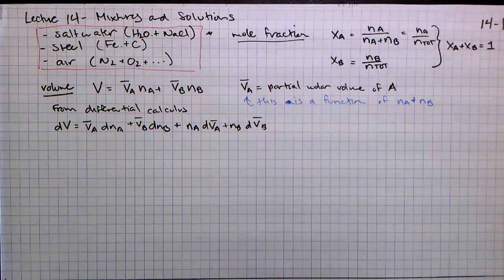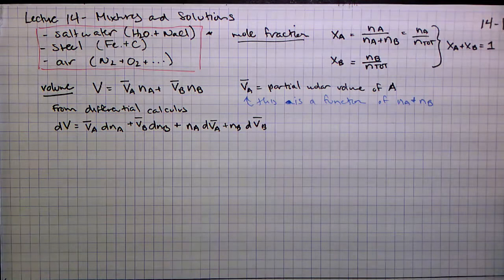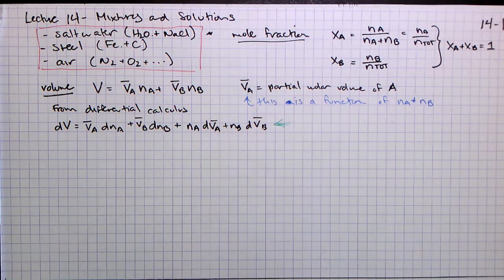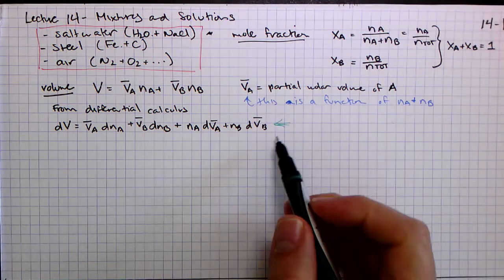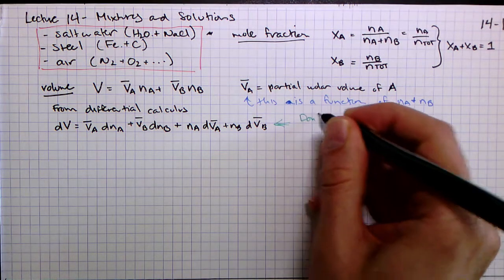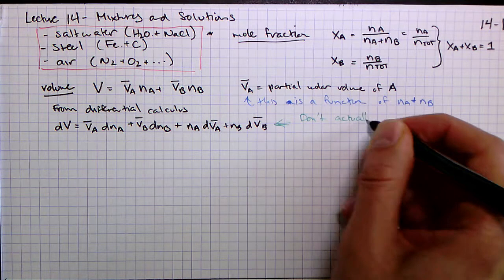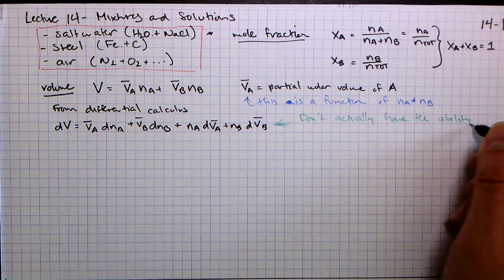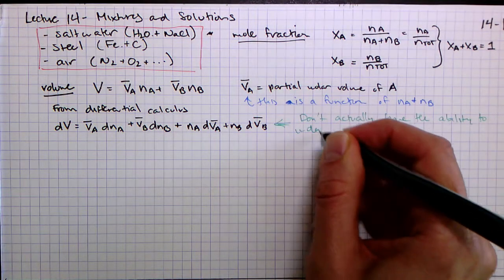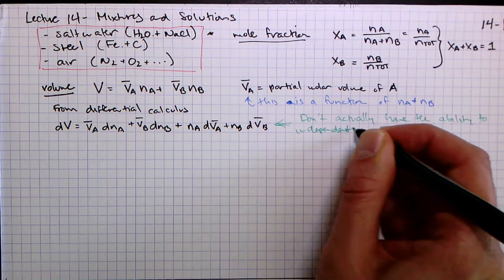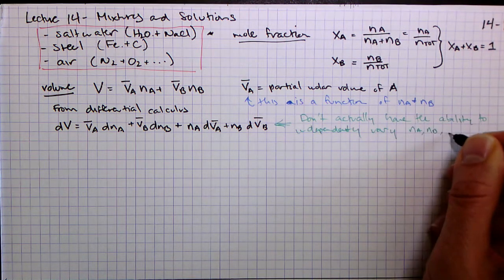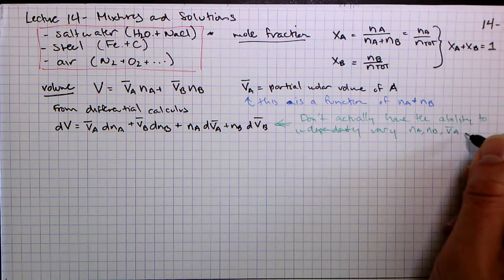Okay. But there's a problem we observe when we get to an expression of this form, and that is that we note that we don't actually get to change four things independently. So we don't actually have the ability to independently vary Na, Nb, VA bar, and VB bar.